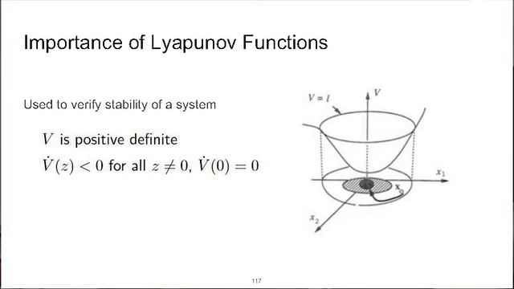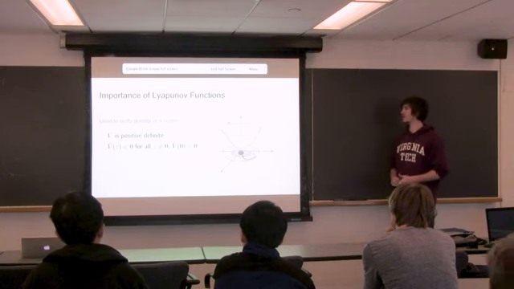Okay, so the reason that you use Lyapunov functions is there's different ways to measure stability in a nonlinear system. In a linear system, you're either unstable or you're globally exponentially stable, so you're going to converge back to whatever equilibrium point you have at an exponential rate.